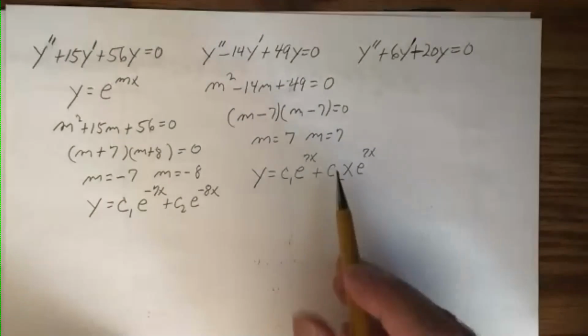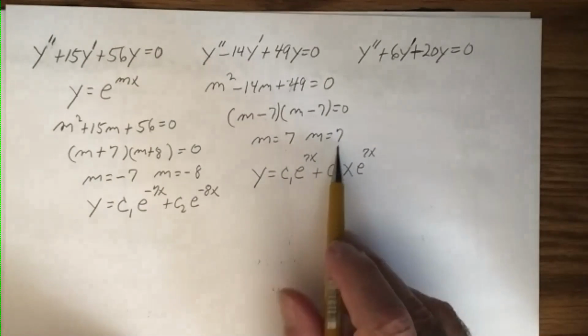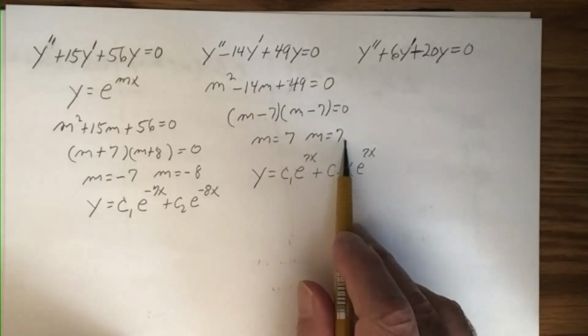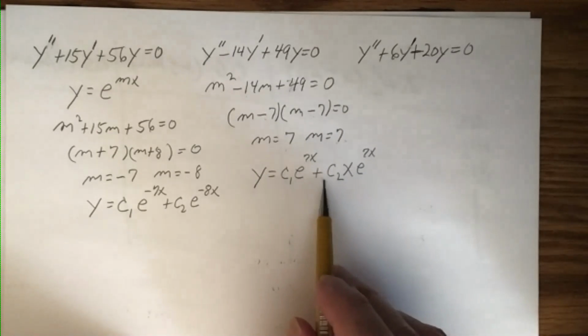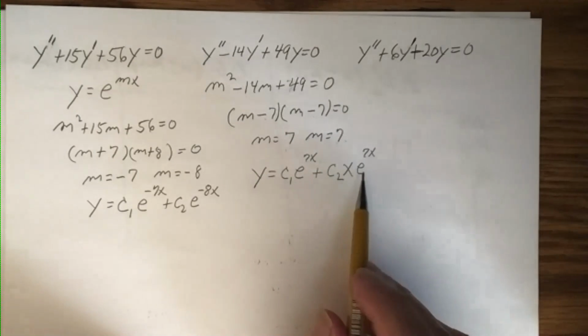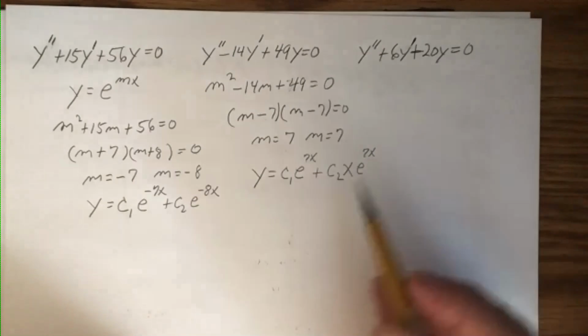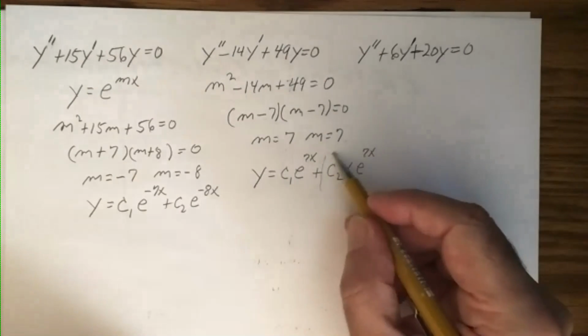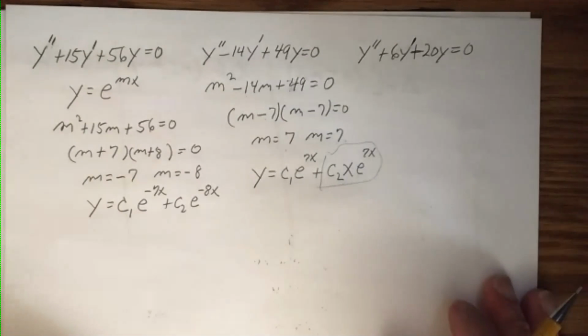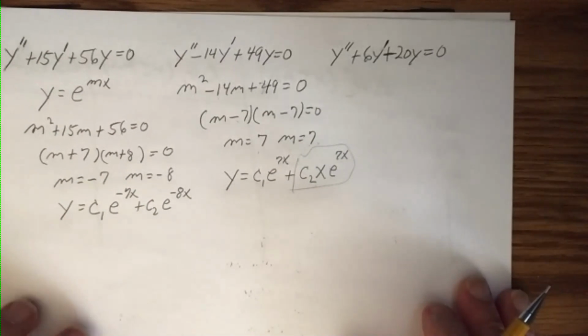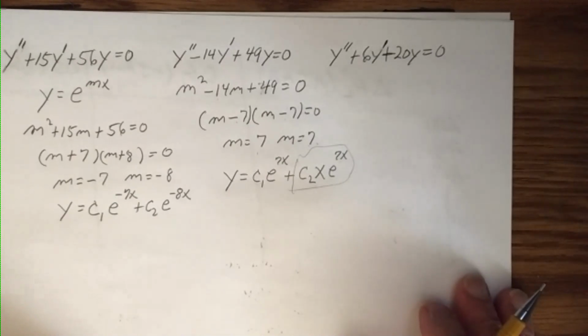So if you got repeated roots, it's real simple: you have C1 e to the 7x, and then to get the second solution, you just multiply by x. So don't forget to multiply by x to get the second solution. Okay. Any questions? This is kind of like what we did yesterday.